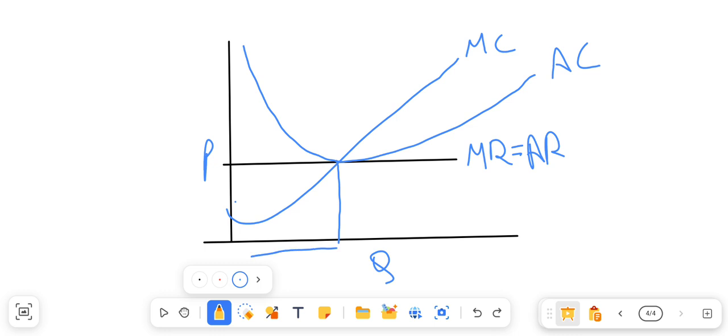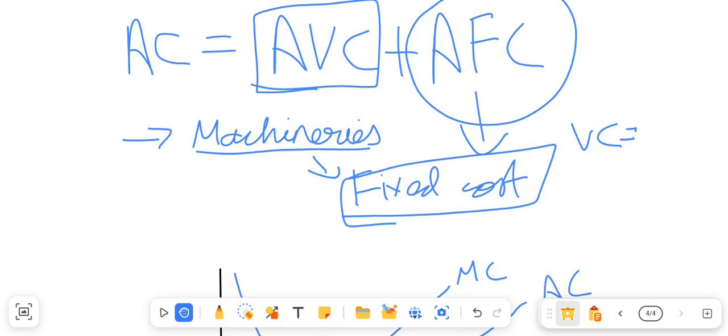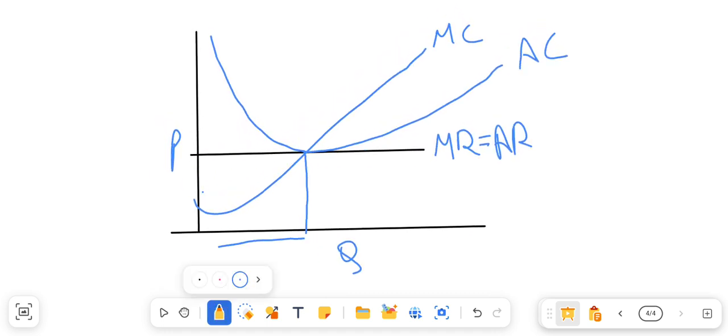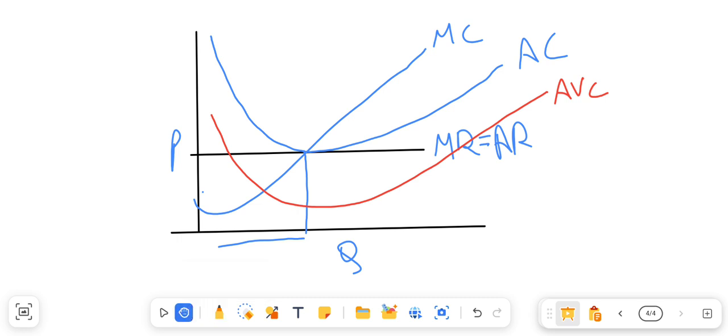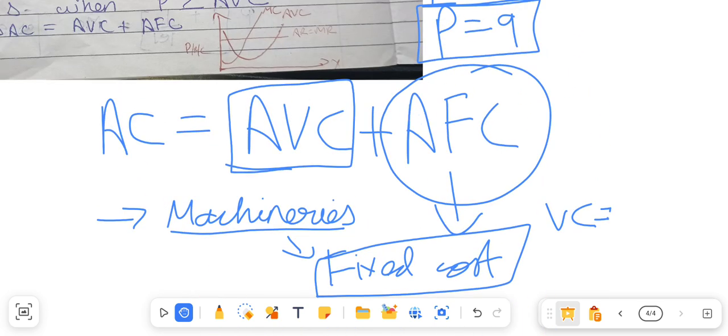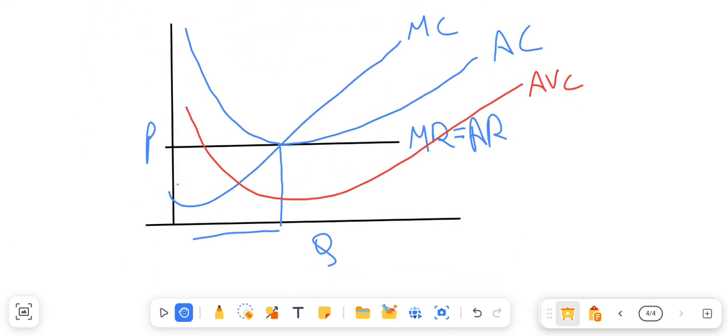Now a firm will only continue to produce if its average variable cost is met. So we now make an average variable cost curve. This is the average variable cost curve. It is below the average cost curve because, as we have studied earlier, average cost has two components, average variable cost and average fixed cost.